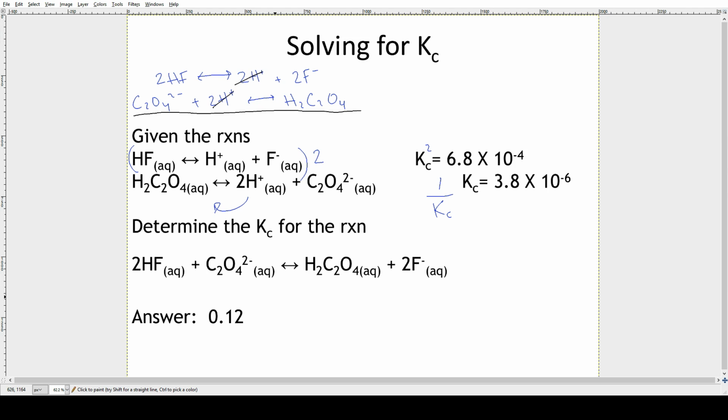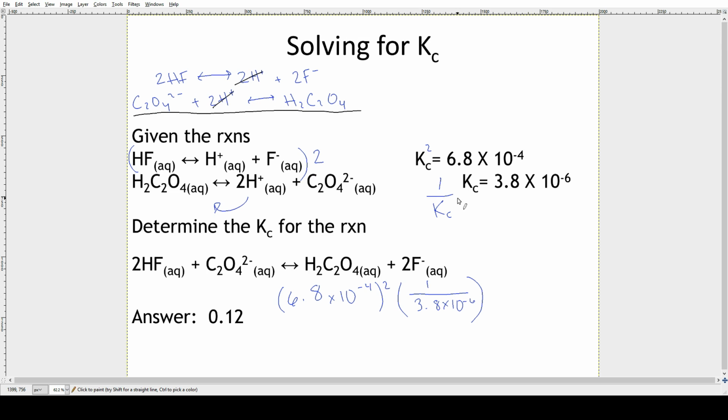So I will do 6.8 times 10 to the negative fourth. This should be squared because we multiply this whole equation times 2. Then I'm going to multiply that times 1 over 3.8 times 10 to the negative 6.